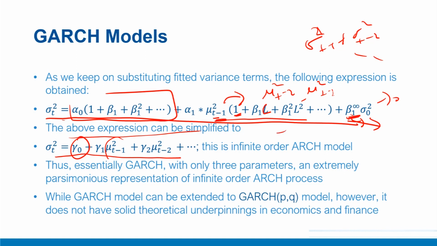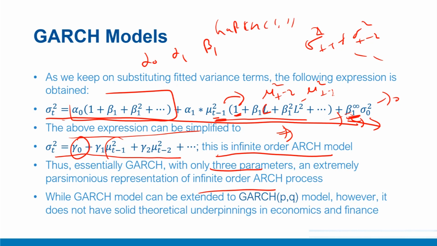But because we have absorbed so many lags, we can think of it as an infinite order ARCH model. Thus, with only 3 parameters, alpha naught, alpha 1 and beta 1, we can express an infinite order ARCH process in a simple GARCH 1,1 process.